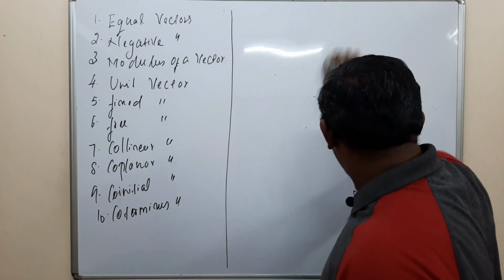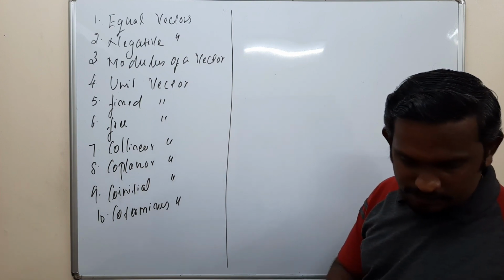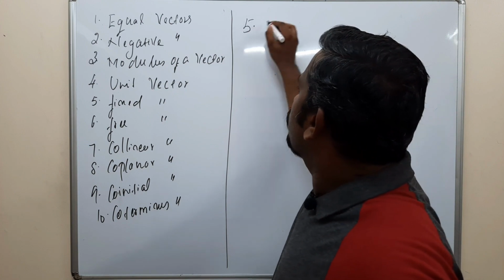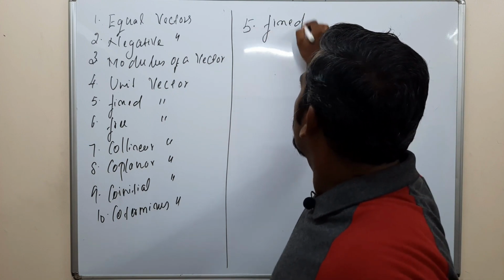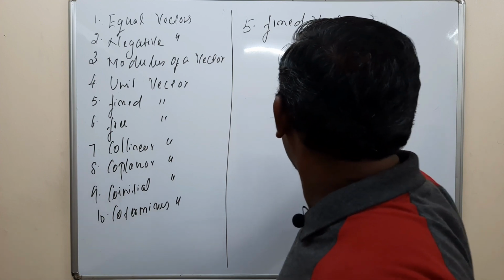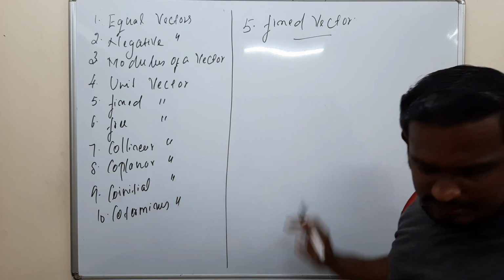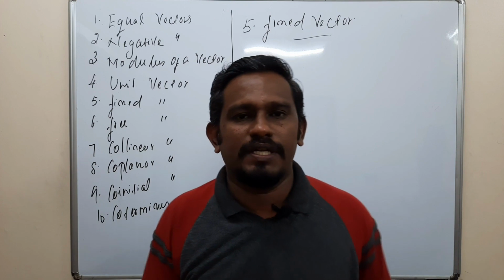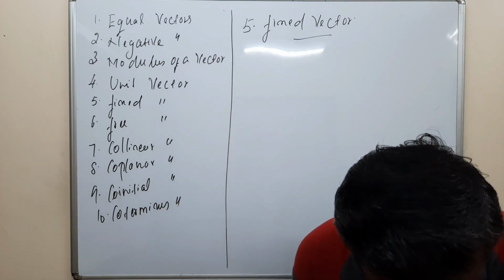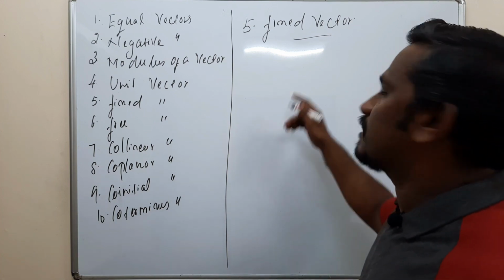fixed vector. Fifth one is fixed vector. A vector whose starting point is fixed is called a fixed vector.